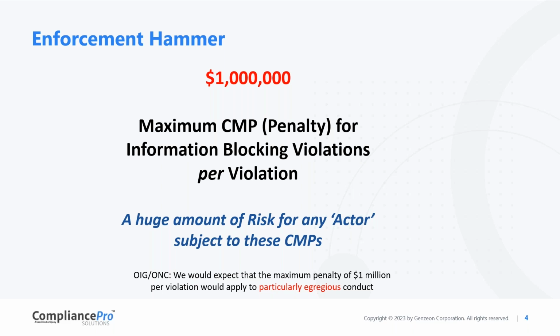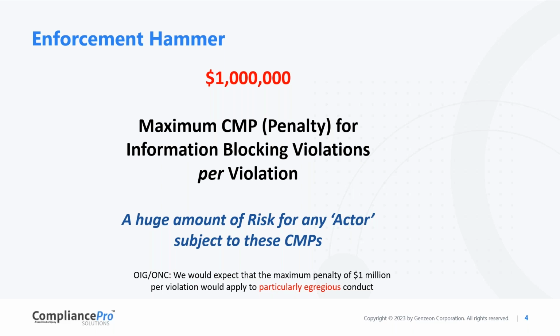And OCR, of course, has vast experience in HIPAA, but again, not so much in the Cures Act. But OCR, don't be confused, is not going to enforce the Cures Act. They just enforce HIPAA, but because they're so intertwined, you have to be careful. If one gets involved, the other may.